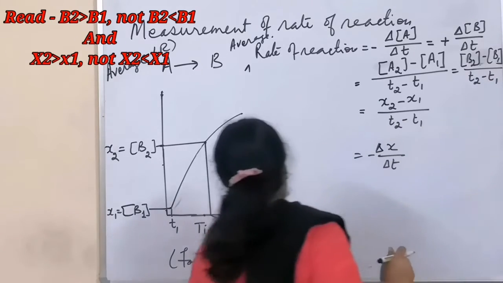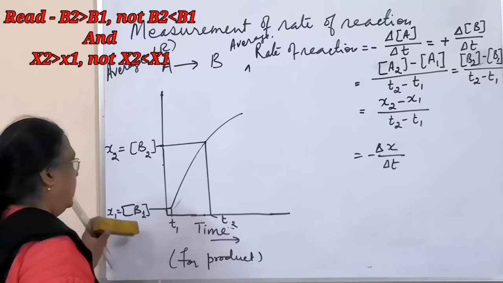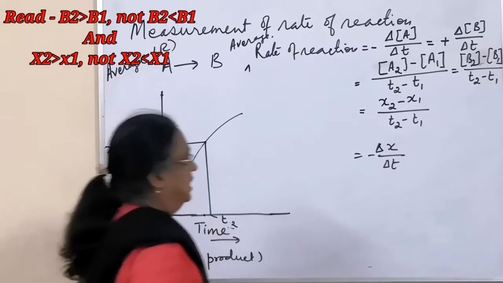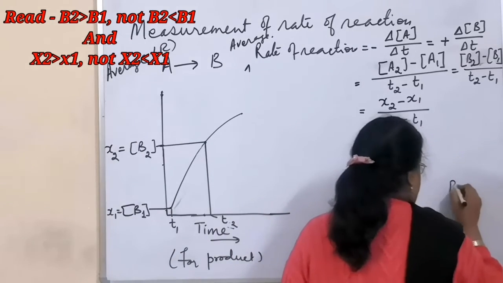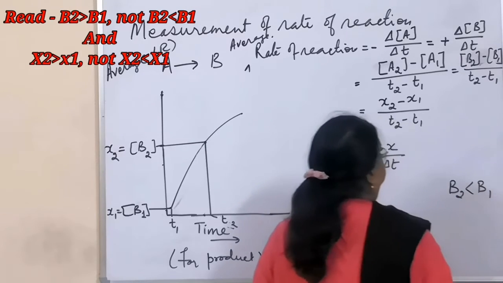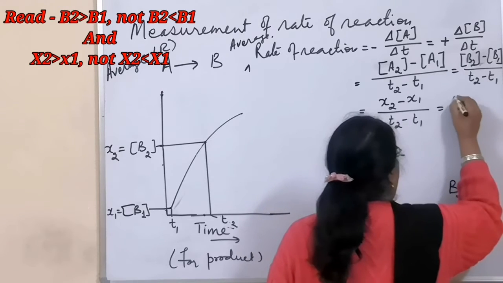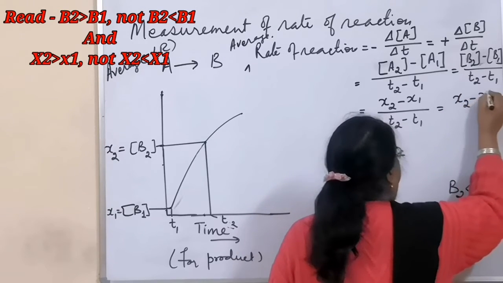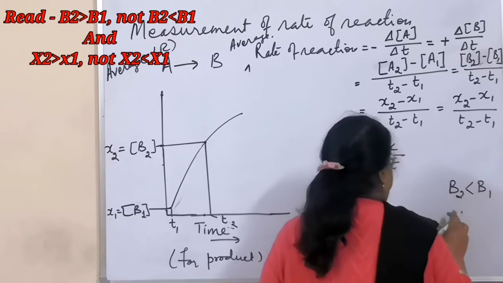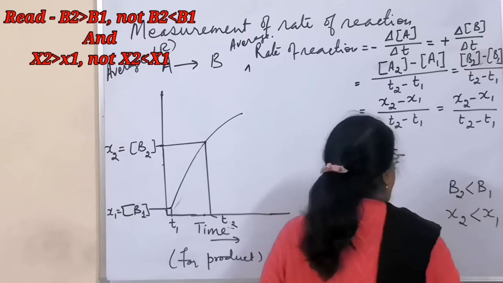Now you know that here the concentration of B initially is less than the concentration at the second point. So B1 is less than B2. Since B2 is equal to X2 and B1 is X1, we will have this expression, and here we have X2 is greater than X1.